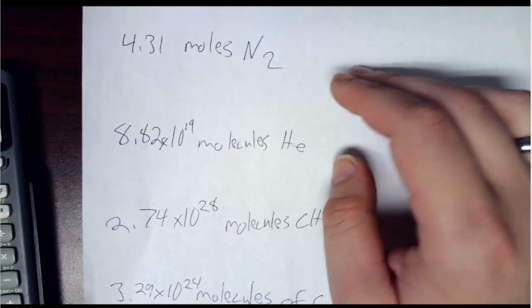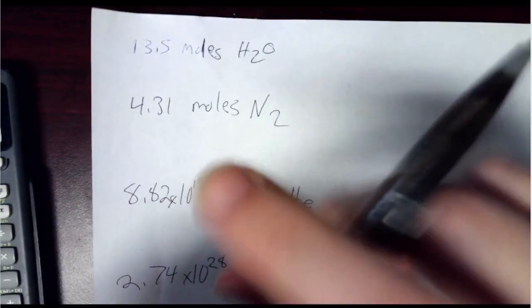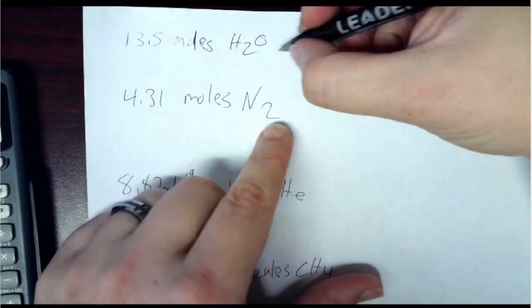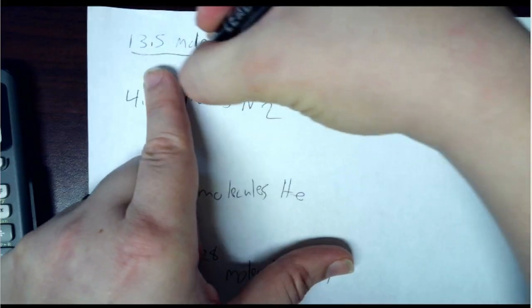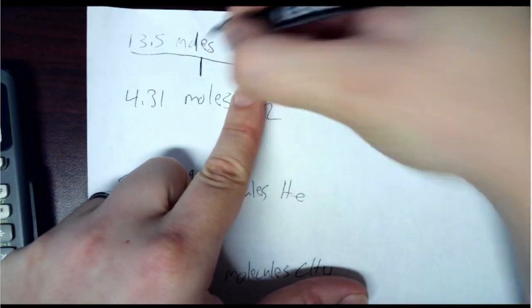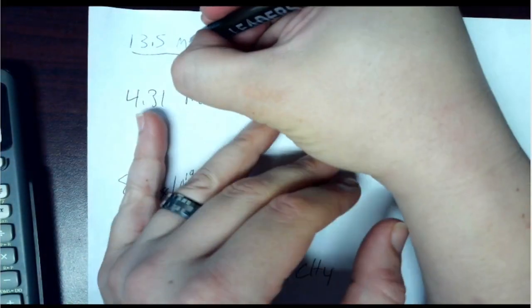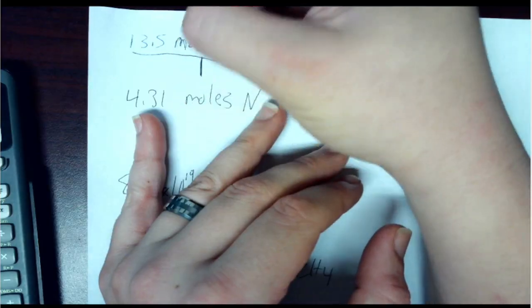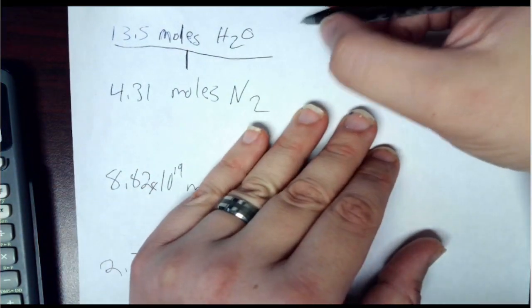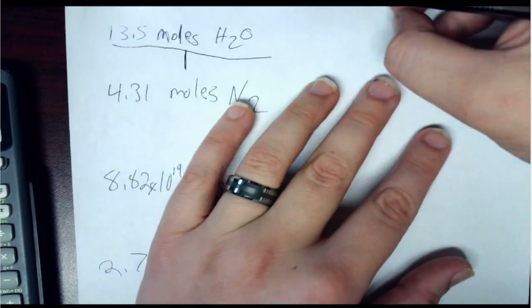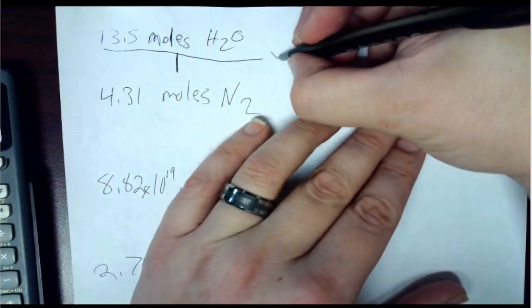You just want to be able to set them up. So, the first set of problems is converting moles to atoms. I'm always going to start with my initial number over 1. This is given a unitless 1 so that I can make sure that I know which way to cancel. I've given everyone Avogadro's number.